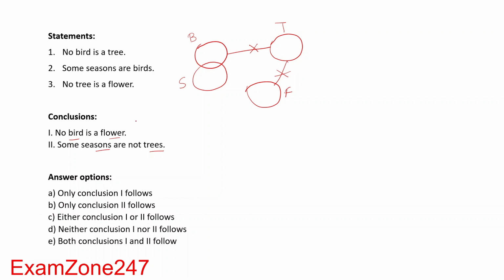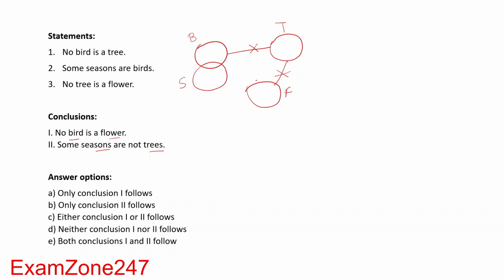Now let us see. No bird is a flower. Do you see any connection between birds and flowers? There is no direct or indirect link between birds and flowers. So when there is no relation, we cannot definitely conclude that no bird is a flower, because we can draw another possible diagram and make a link between them if we draw this diagram in another way.